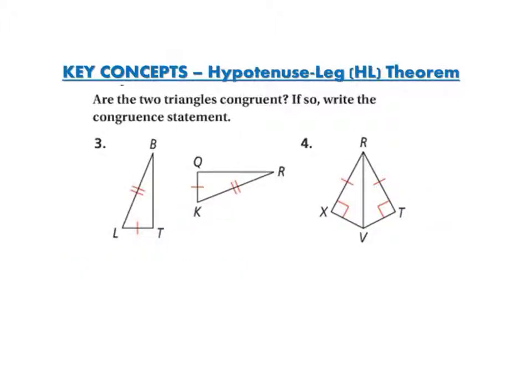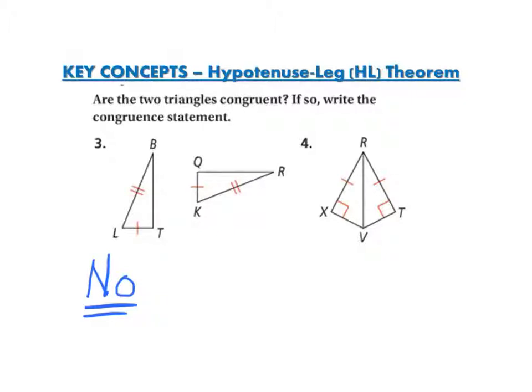Look at number 3. I have two sides that are congruent, but nowhere does it show that these are right triangles. So I cannot prove that they are congruent. In number 4, each triangle has a right angle.